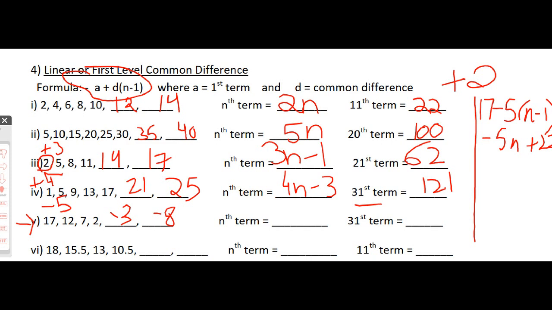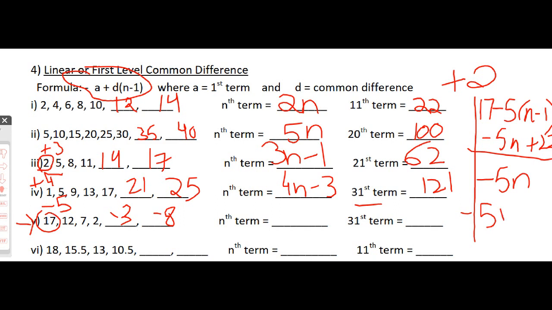The second method was the direct method. Since the common difference is minus 5, I directly write minus 5n. Now my first term is minus 5, but the original first term is 17. I need to add a big number to minus 5 to get 17. So what is that number? That number is 22.